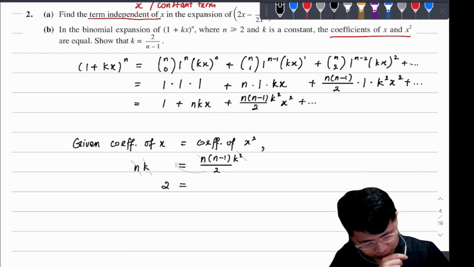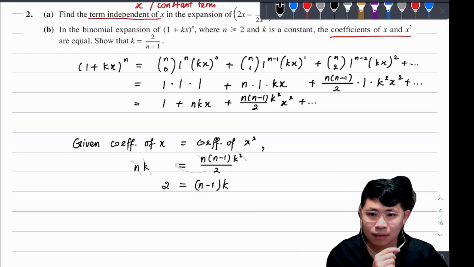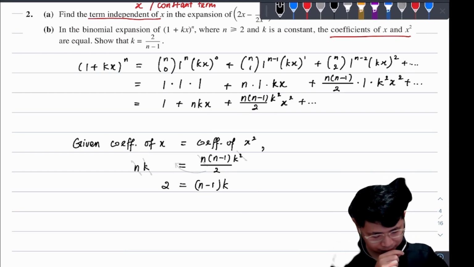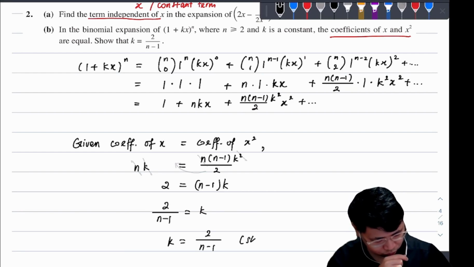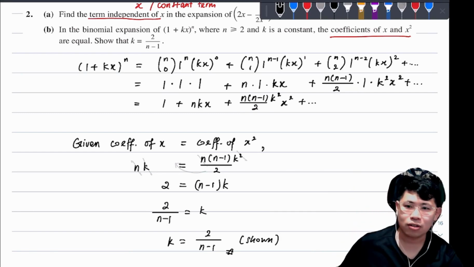So 2 is equal to n minus 1 times k, and we want k to be the subject, so I'm just going to throw everything else over. So 2 over n minus 1 is equal to k. Last but not least, k equals 2 over n minus 1, shown.